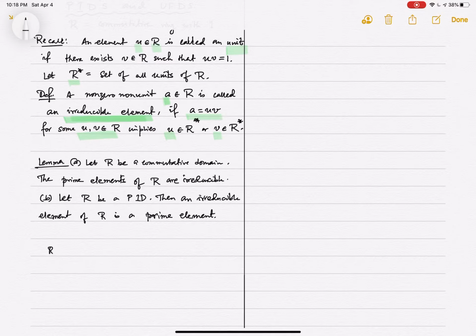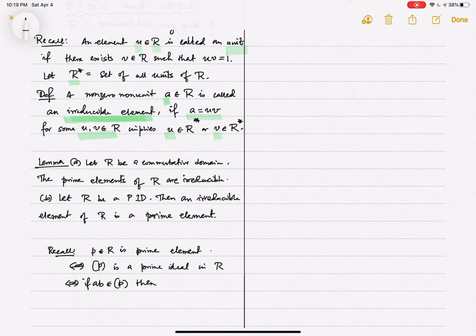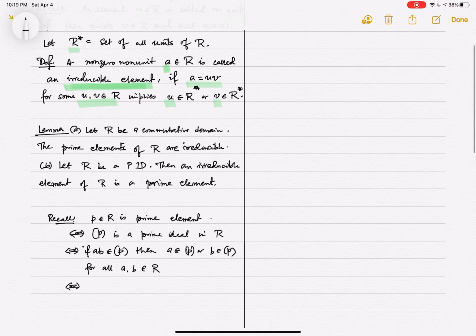So remember what prime means in general. Before we start the proof, recall P in R is a prime element means this is a prime ideal, meaning whenever a product of two elements is in there, then either A or B is there, for all A, B in R. AB is in the ideal P means AB is a multiple of P, meaning P divides AB.